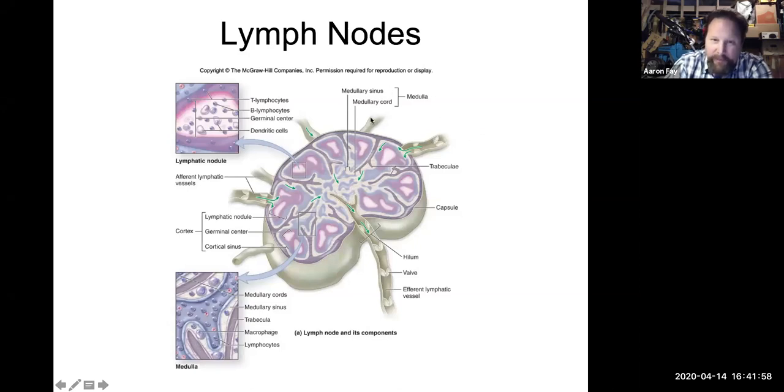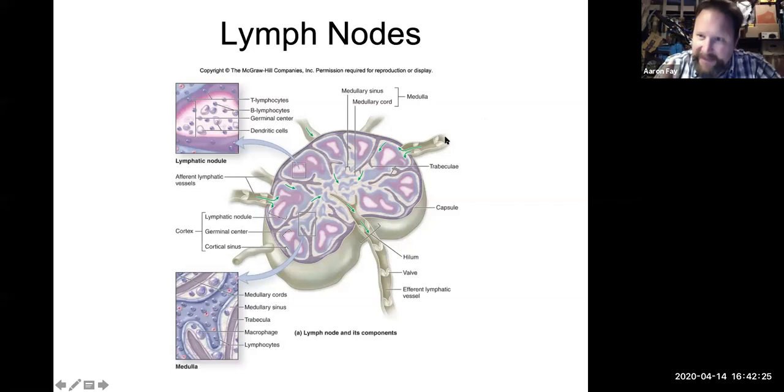Notice that we have multiple afferent lymphatic vessels bringing in lymph from surrounding tissues, but only one efferent lymphatic vessel that's causing lymph to flow away. So we have a pooling, kind of like a trap that's collecting all this lymph, which may be carrying antigen if there's some nasty bacteria or pathogen way out in the tissues.